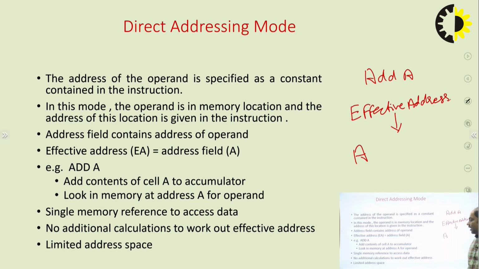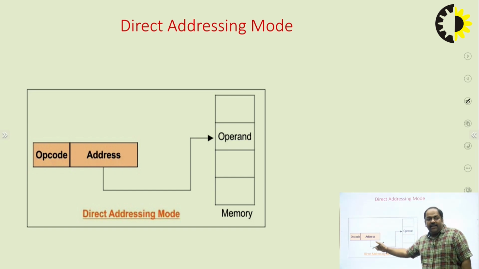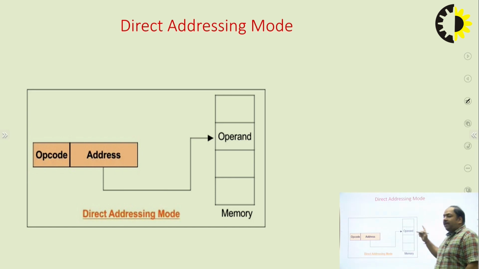We look into the memory at address A for the operand and it only has a single memory reference, as shown in the diagram. We don't have the operand in the instruction; we have the operand in the memory and the instruction has the address of the memory in which that operand is stored.